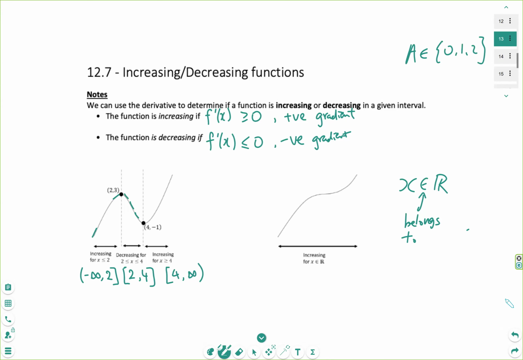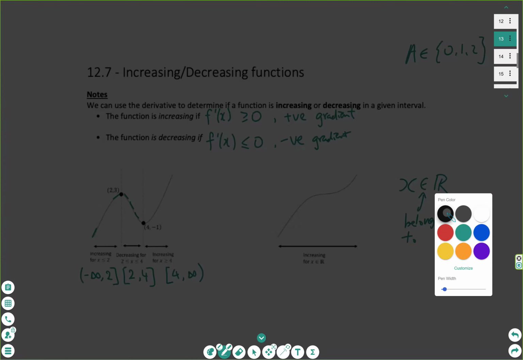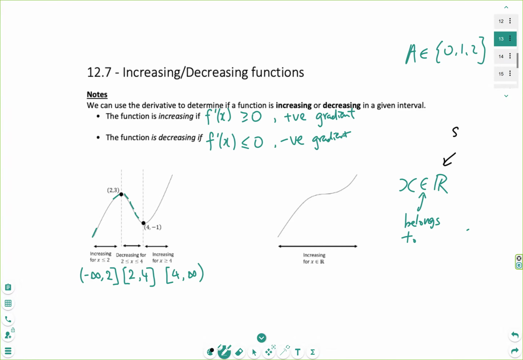This letter, R, means the set of real numbers. So what are real numbers? In a less formal way to explain this, a real number is anything on a calculator that does not give you a maths error.